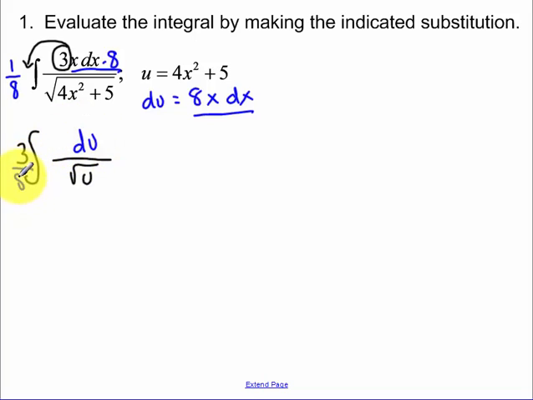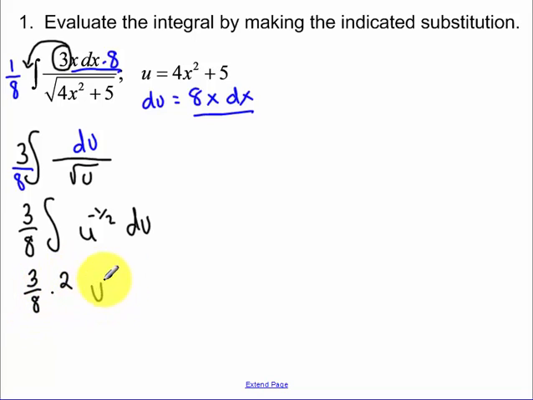And I'm going to bring that down here. So now what we have is 3/8 the integral of u to the negative 1/2 du. Now I can take the integral of that, add 1 to my exponent, multiply by the reciprocal of that, don't forget your plus c, simplify, and we get 3/4 u to the 1/2 plus c.